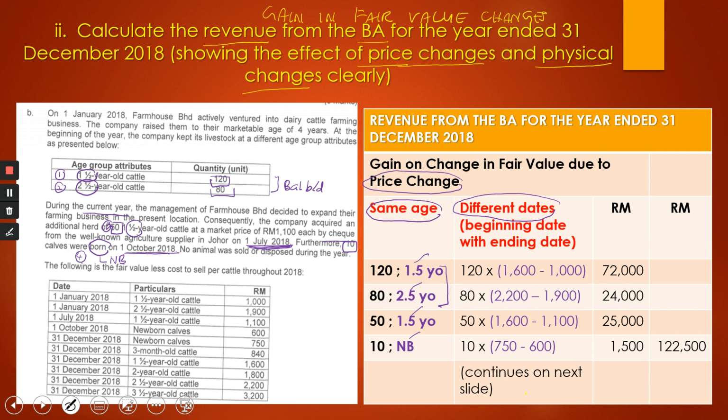Okay, so the first one is this 1.5-year-old, 1st of January, the price is 1,000. You will compare with 1.5-year-old as at 31st of December. So 31st December versus 1st January.